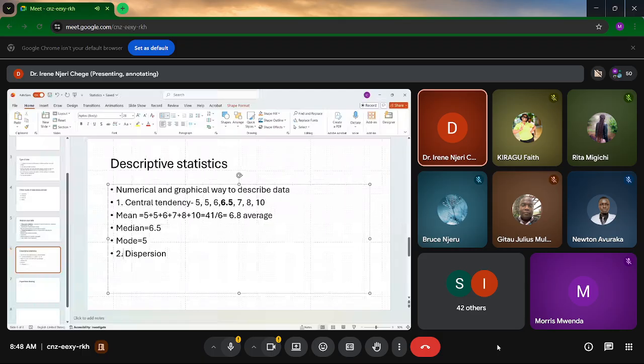So maybe in Tharaka Nithi, we should be able to conclude that the availability of the antivenom was more in Tharaka Nithi than in Meru, based on just these descriptive statistics. There were 3,000 more vials in Tharaka Nithi than there were in Meru, because you're able to just describe your data first before you start talking deep things.